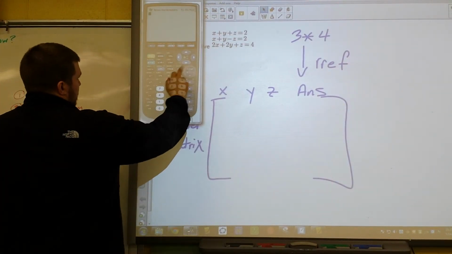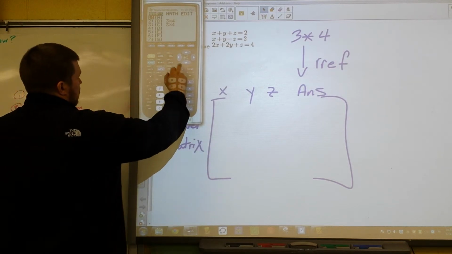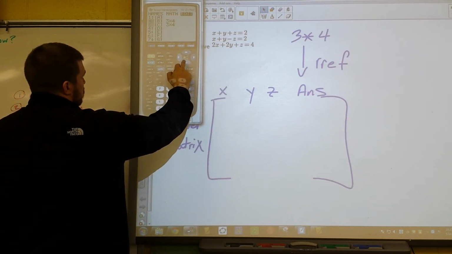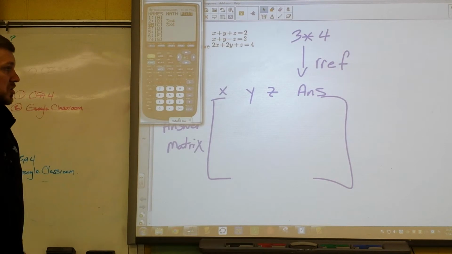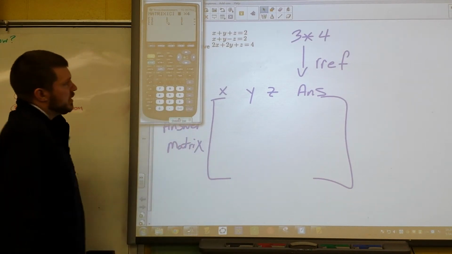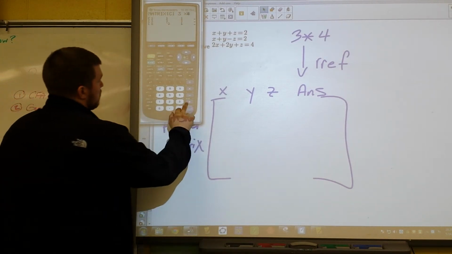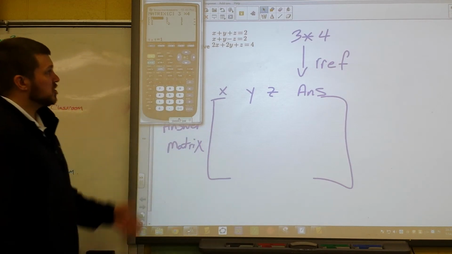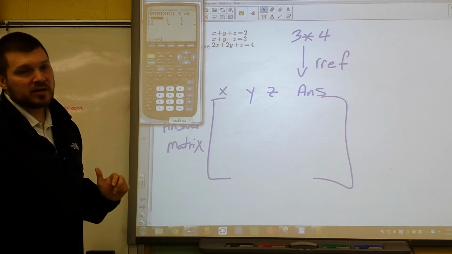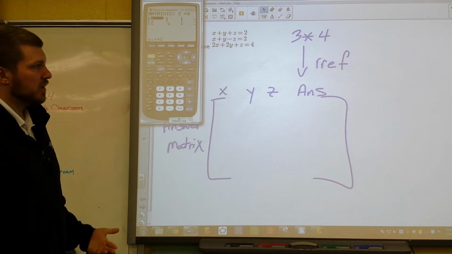So I'm going to clear this out, go to second matrix, go to the edit menu. This time I'm going to use matrix C again, so I'm just going to select C and edit it. It's already set up for a 3 by 4 matrix, so that's good. Now I'm going to type over whatever I had in the last problem and put in my information for this problem.